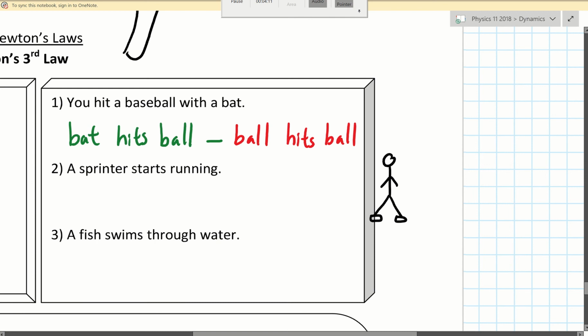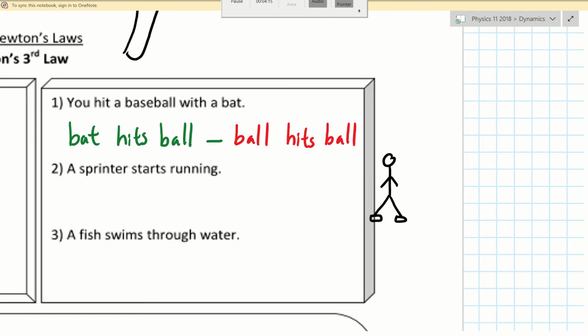If you actually get up right now and try to walk forward, pay attention to your feet. Which way, in direction, do your feet push against? Do you push forward? Which way is the force that you actually apply on the ground?